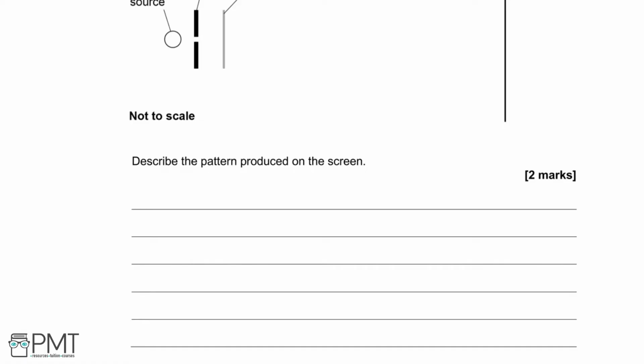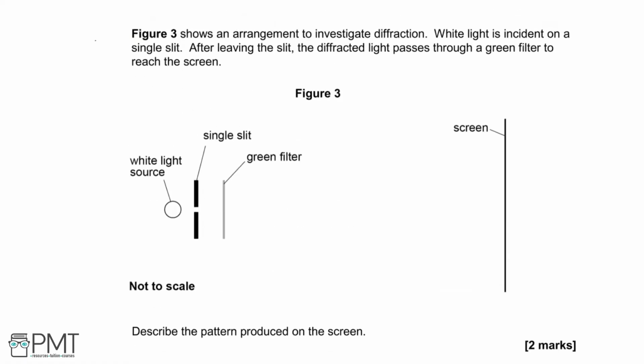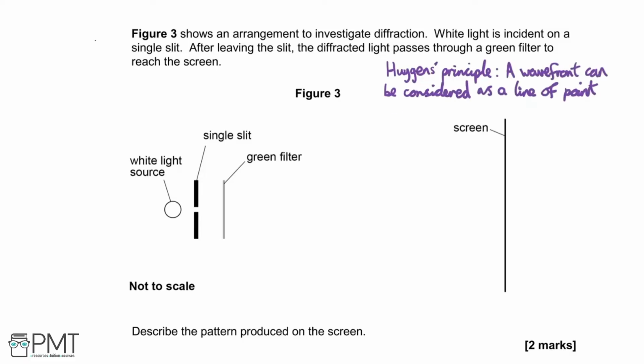You might be wondering, well, how does a single slit actually produce an interference pattern? Surely it's just double slits and diffraction gratings and so on. The thing that I would use to answer this is Huygens principle. So according to this principle, a wavefront can be considered as a line of point sources.